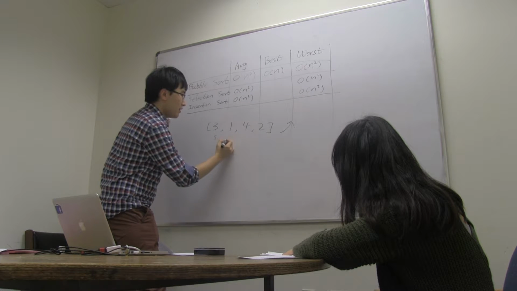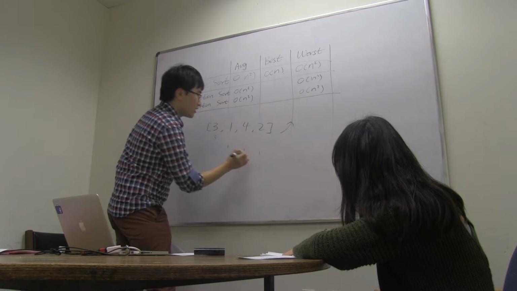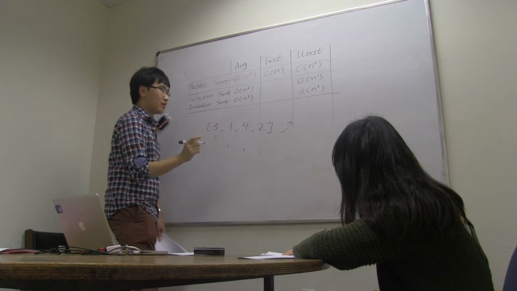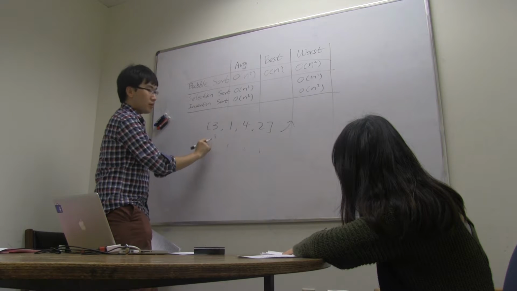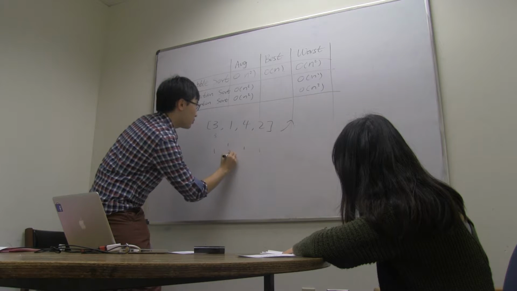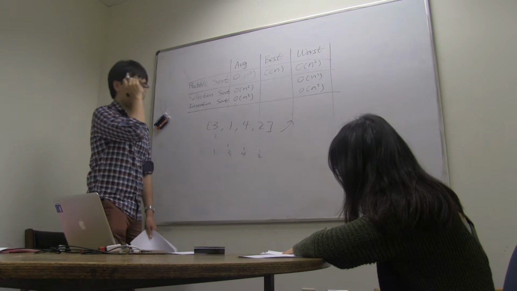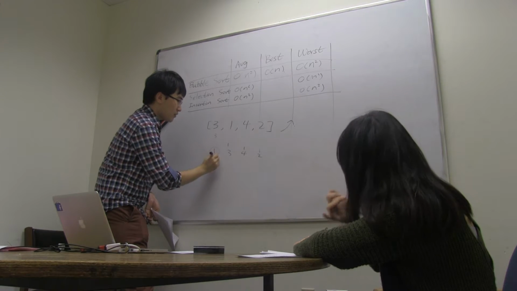And then is 1? Yes, update. Is 4? No. Is 2? No, so 1. After a pass, we know that the smallest number in this array is 1. So we put number 1 into the first position, switching 1 and 3. After one pass, it becomes 1, 3, 4, 2. After a pass, we get the first one sorted.